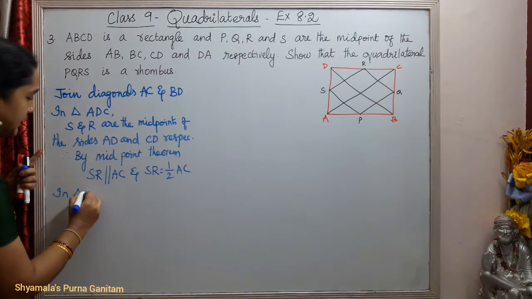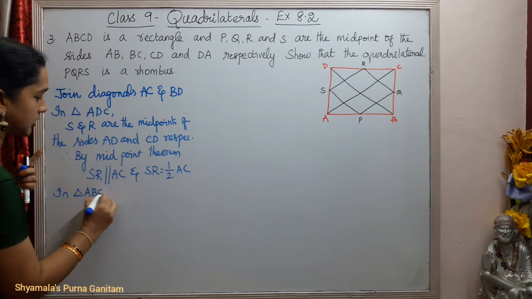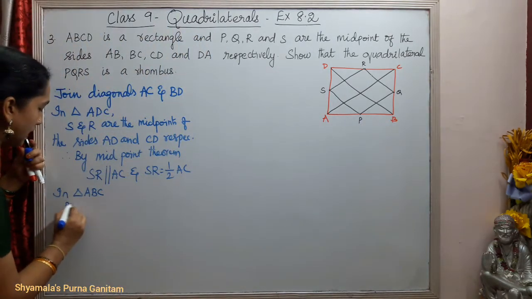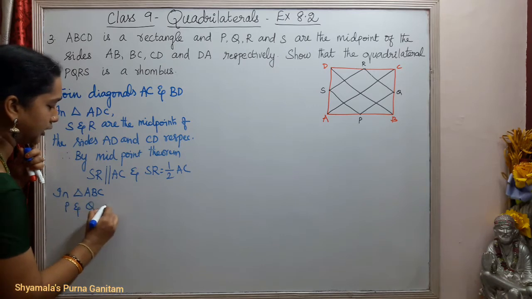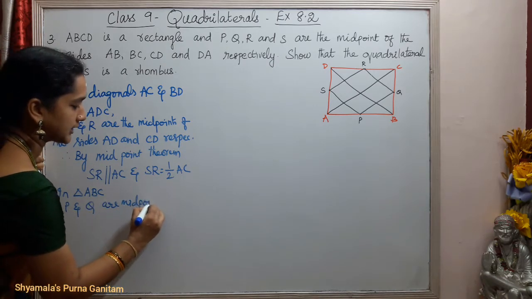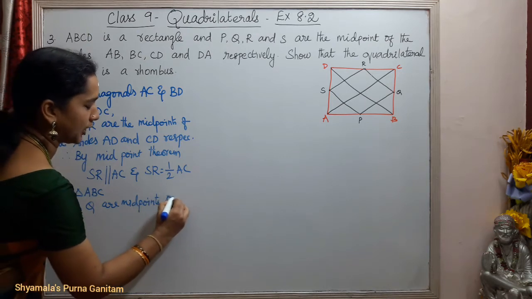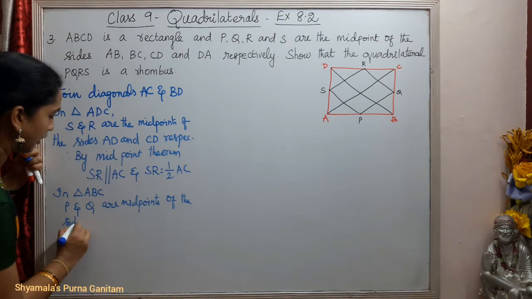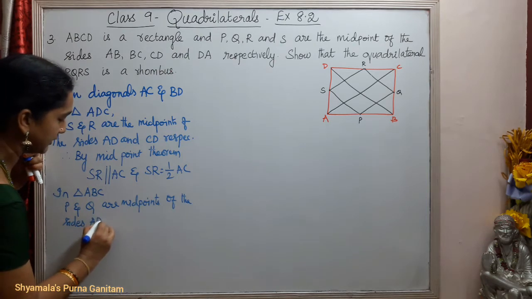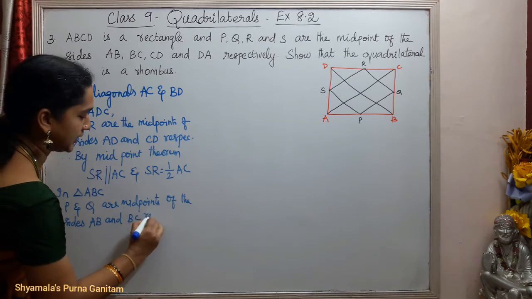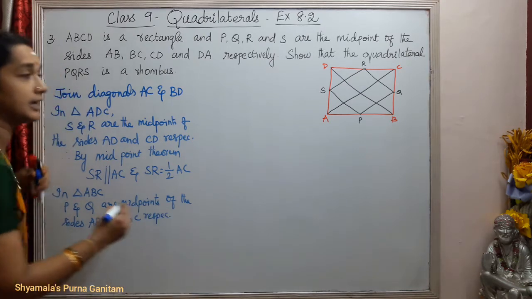In triangle ABC, P and Q are the midpoints of the sides AB and BC respectively.